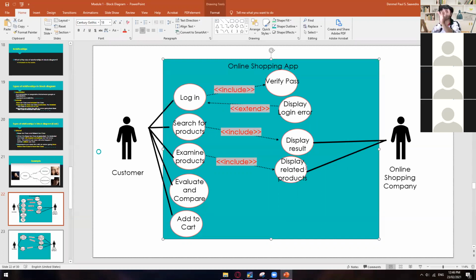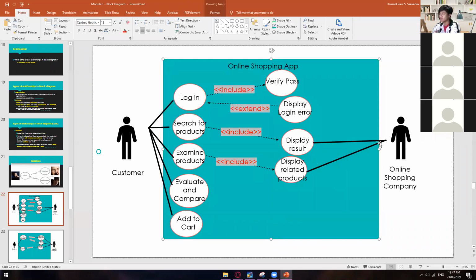So they have an algorithm wherein, okay, these should be the related products that we are talking about. They have an algorithm called categorical. So for example, you're only looking for a chain, called cadena. But since it's under the category of motorcycle or motorbike or bicycle, they will also recommend those products.